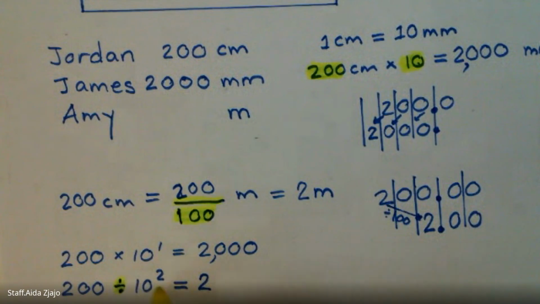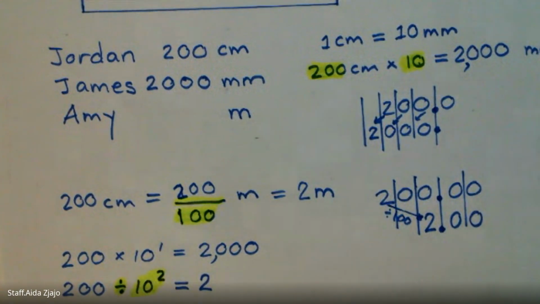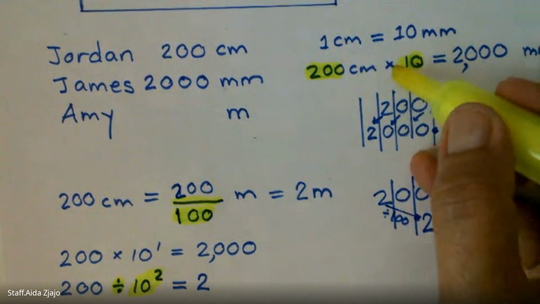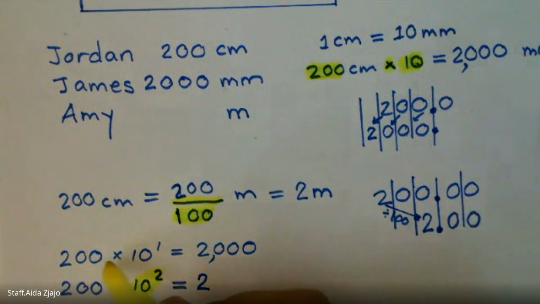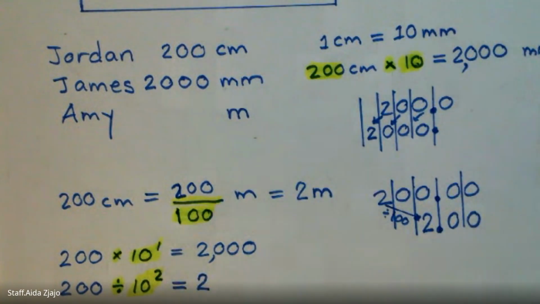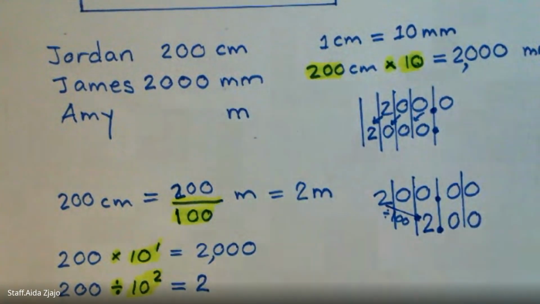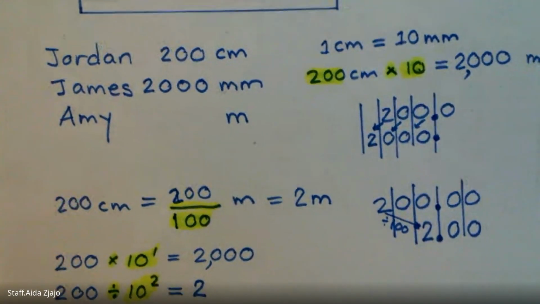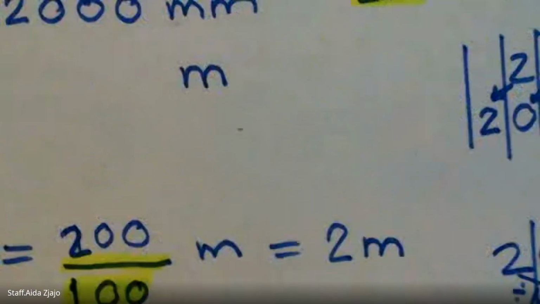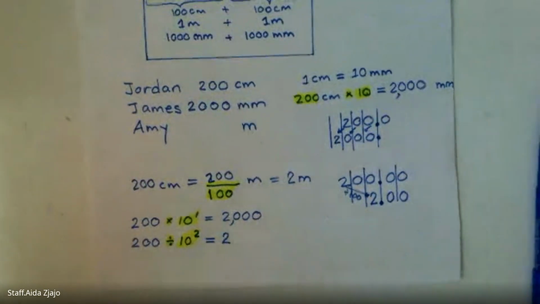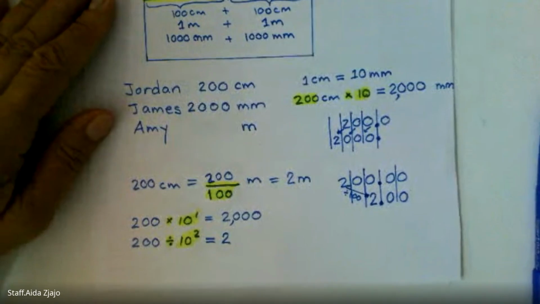That's dividing with the 100. And then this is multiplying by 10, multiplying by 10 to the power of 1. Okay, so that was lesson 5, word problem, and it was Mrs. Z.